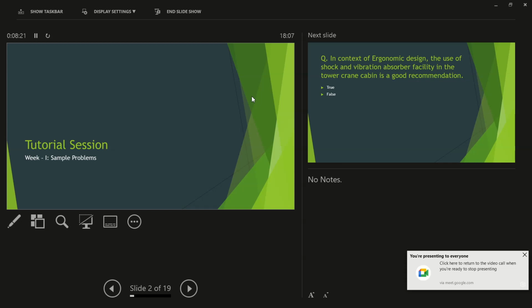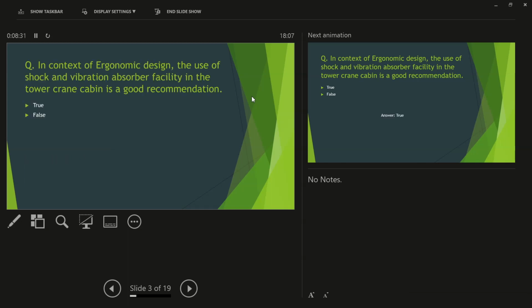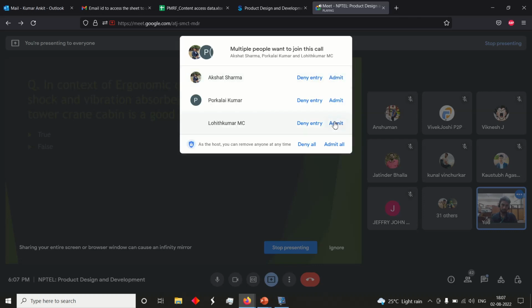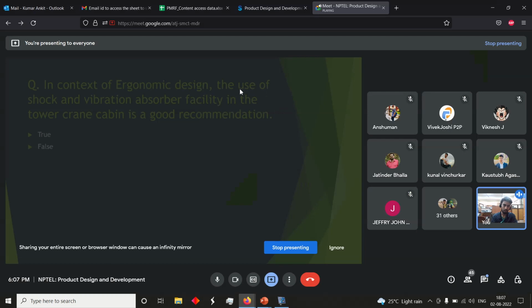If you have any doubt regarding the same, we'll be discussing the concepts also, and anything apart from the sample problems is also welcome. So the first question I'll be dealing with today is in the context of ergonomic design: the use of shock and vibration absorber facilities in a tower crane cabin, is it a good recommendation or not? If any one of you would like to answer, it is open for everyone.